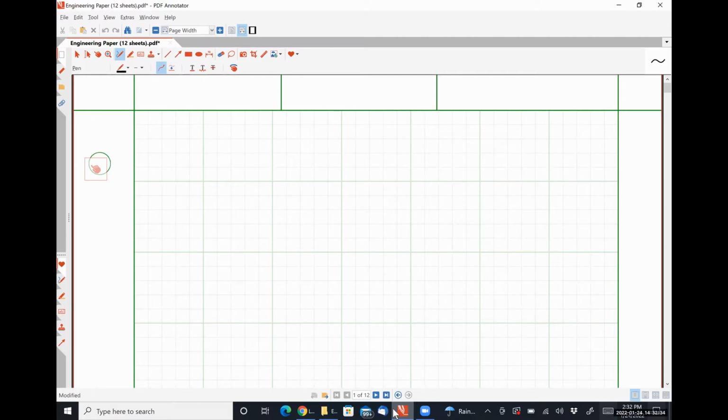So the problem that I've given to you guys for your in-class assignment is this one, where we have a 10-volt source connected to a 4-ohm resistor down here.